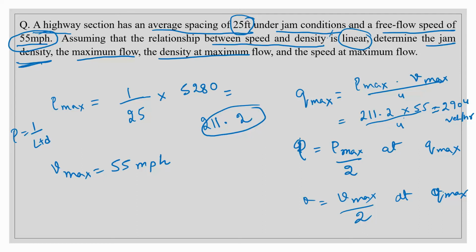And similarly, the density at maximum flow will be rho max by 2, that is 211.2 divided by 2, and when you divide 55 by 2 it will be the speed at maximum flow. So this is the solution of the given question.